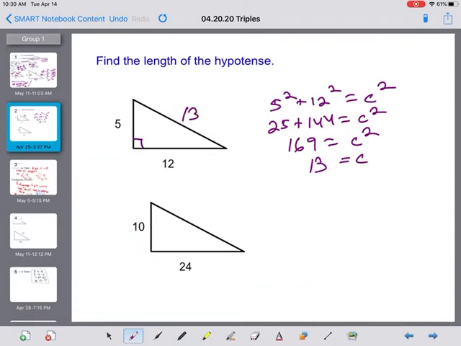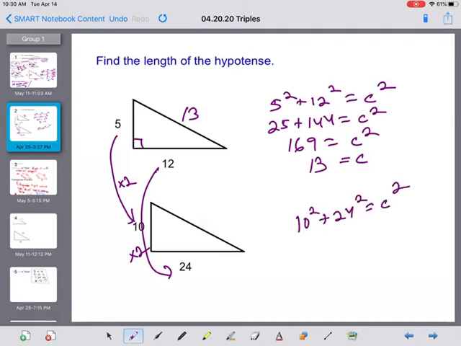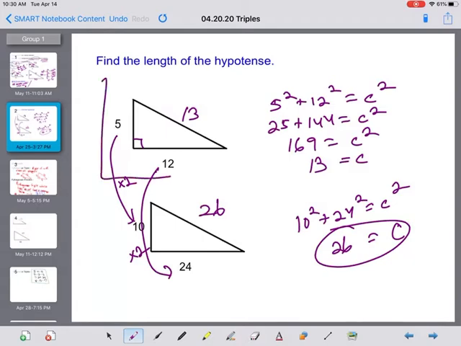And then let's do the same down here, but you'll also notice 5 times 2 is 10, 12 times 2 is 24, so we could make a conjecture that this third side might be 26. Go ahead and solve the Pythagorean theorem. You will see, yes, indeed, it is 26. So 5, 12, 13 is what we call a primitive. And then this will be a multiple.